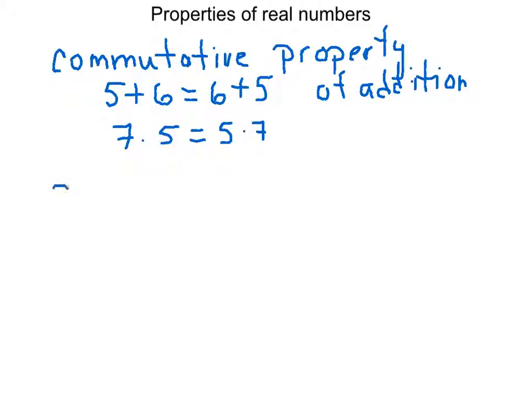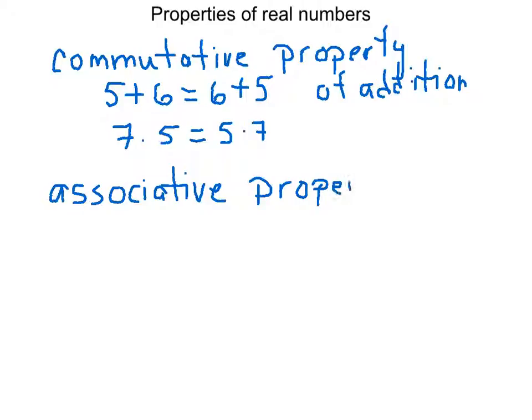Let's also do associative property. This one may not be such common sense, like you probably didn't learn it overtly, but it does make sense. I try to remember it because what do you do when you associate with people? Sometimes you're in the same group as them. And the associative property is all about parentheses.